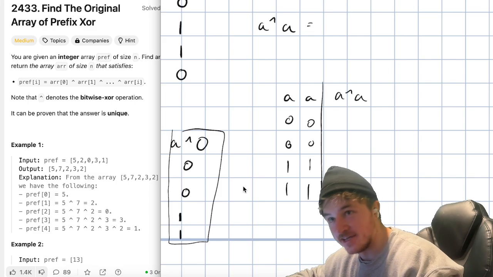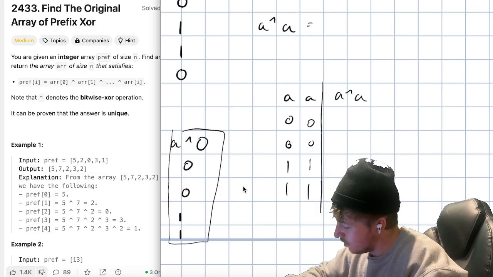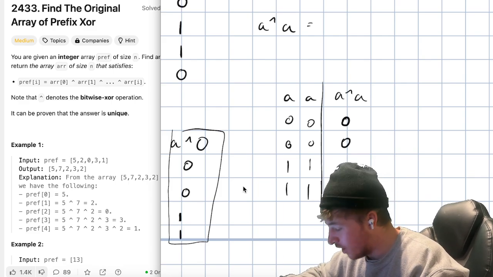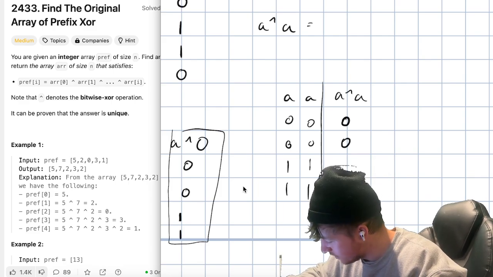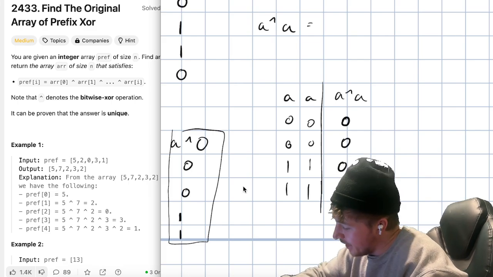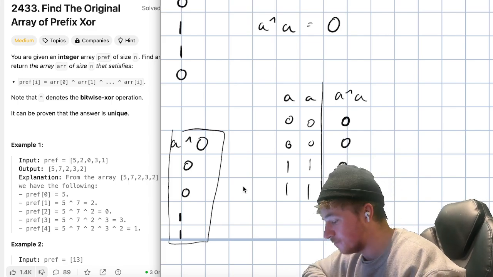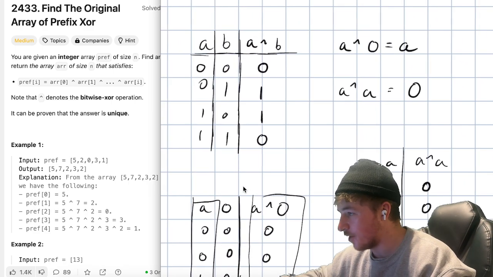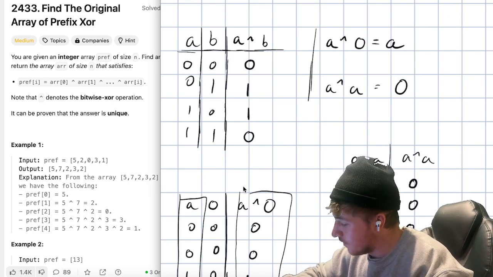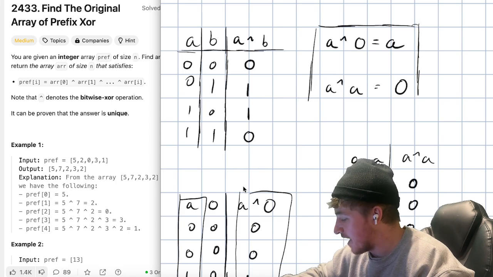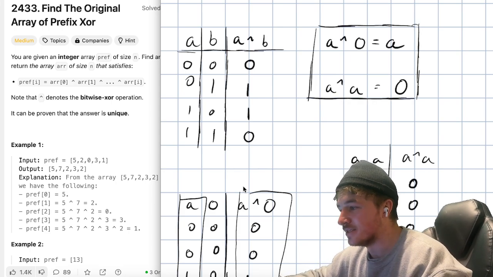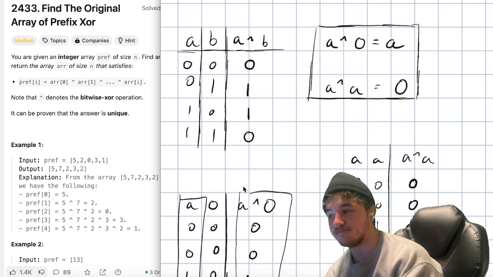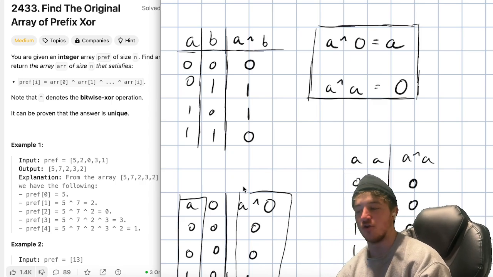If A is 0, then they both are 0, so they both become 0. So no matter what, it becomes 0, right? Because 1 XOR 1 is 0, since they can't both be true. So any A XOR itself equals 0. All right, so these are kind of the two operations that we need in this problem. These two facts here, and we're going to use these to massage and modify what is given in order to solve the problem.